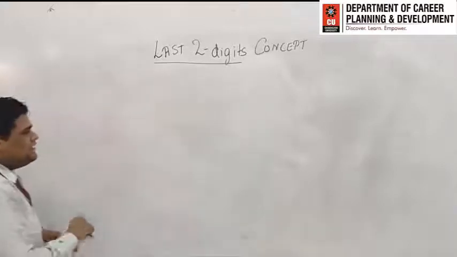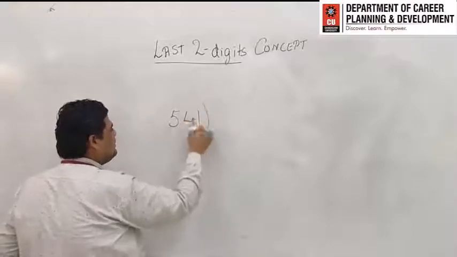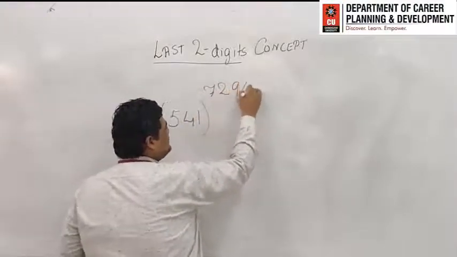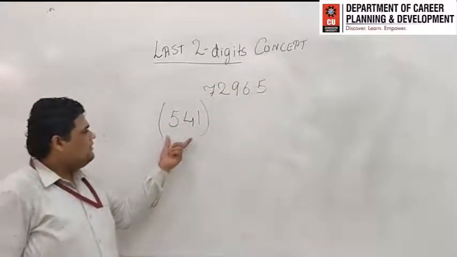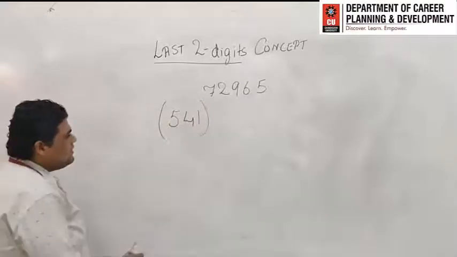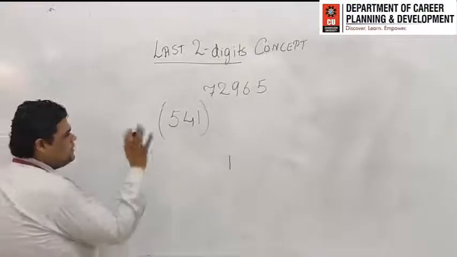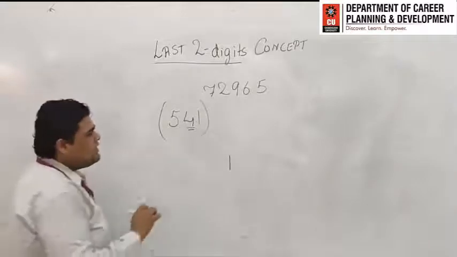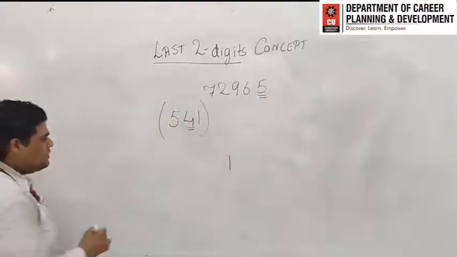Let us take another example, 541 raised to the power 72965. The unit value will be 1, as we have discussed. Now the tens place value is 4, and the unit value of the power is 5.